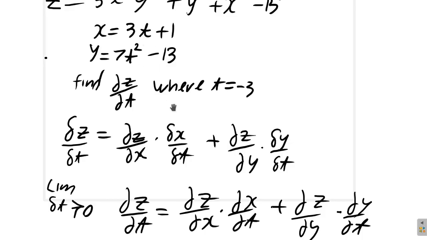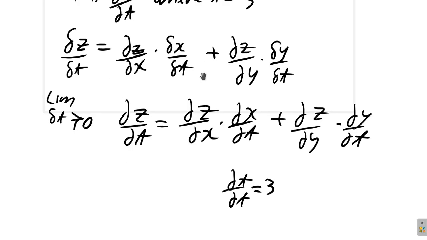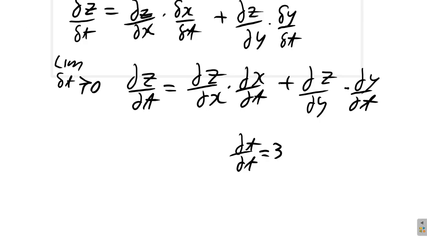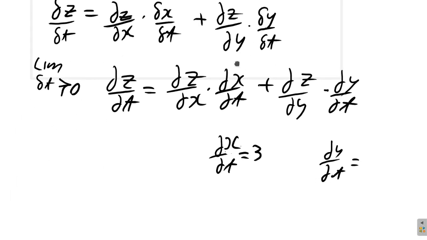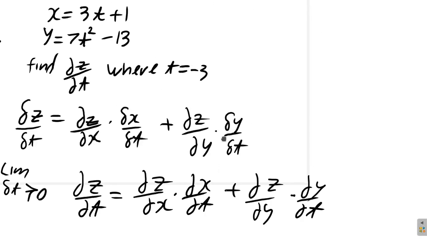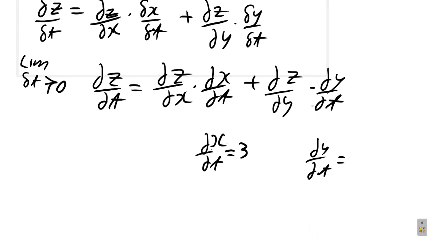That would be 7 times 2t, which is 14t. So delta x by delta t is 3 and delta y by delta t is 14t. Alright.